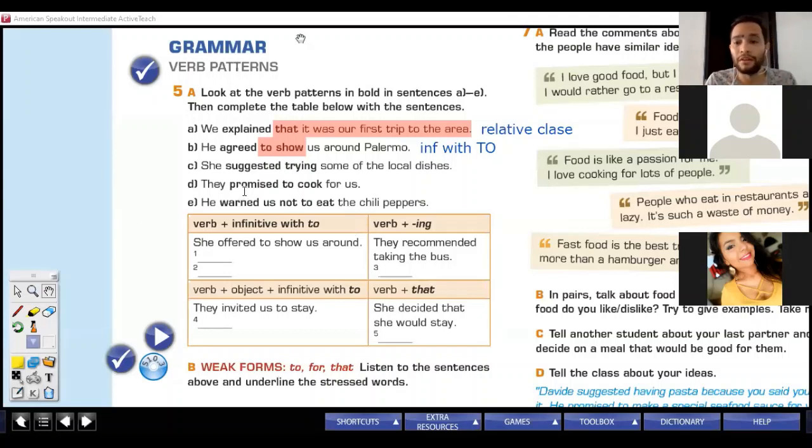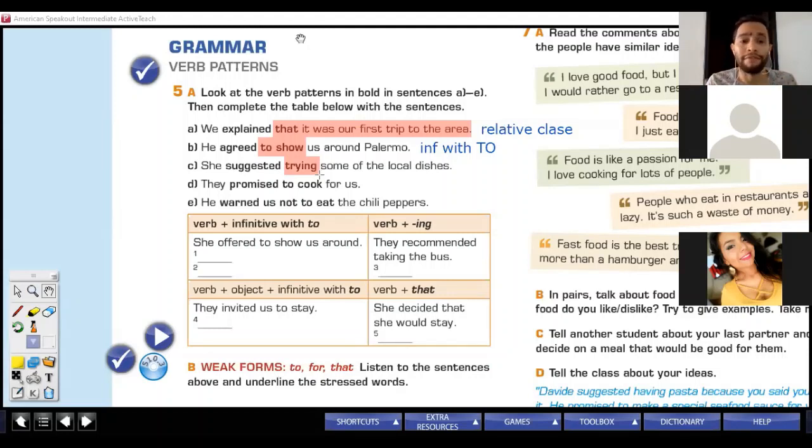But well, here we got an example, and this example is telling us that we have the verb suggest. And the pattern of the verb suggest is that after it, we have the gerund, right? Take a look. We have the gerund form.